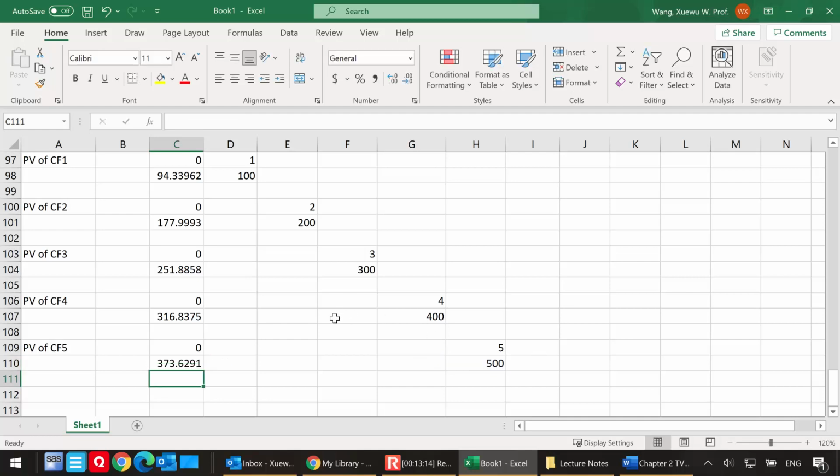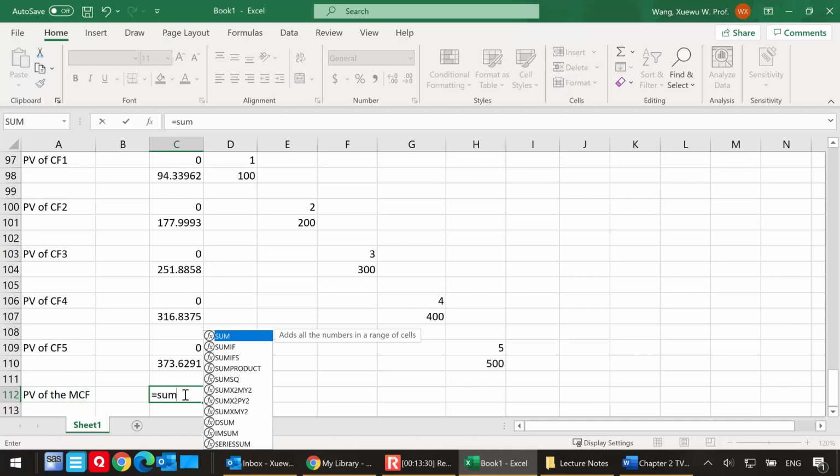Now you see that I have just manually calculated the present value of each of the 5 cash flows. So the present value of the entire multiple cash flow structure is going to be equal to the summation of these 5 individual present values.